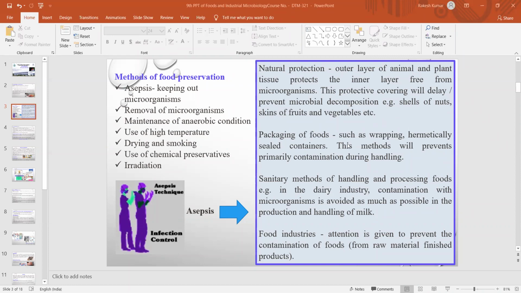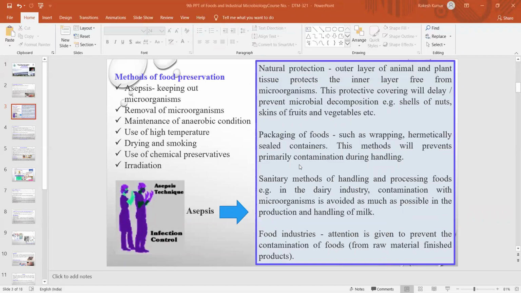Thereafter, packaging of food, such as wrapping or hermetically sealed containers used in canning of canned products, will primarily prevent contamination during handling. Thereafter, the sanitary conditions which you maintain during processing operations and handling are very important, especially in the dairy industry.